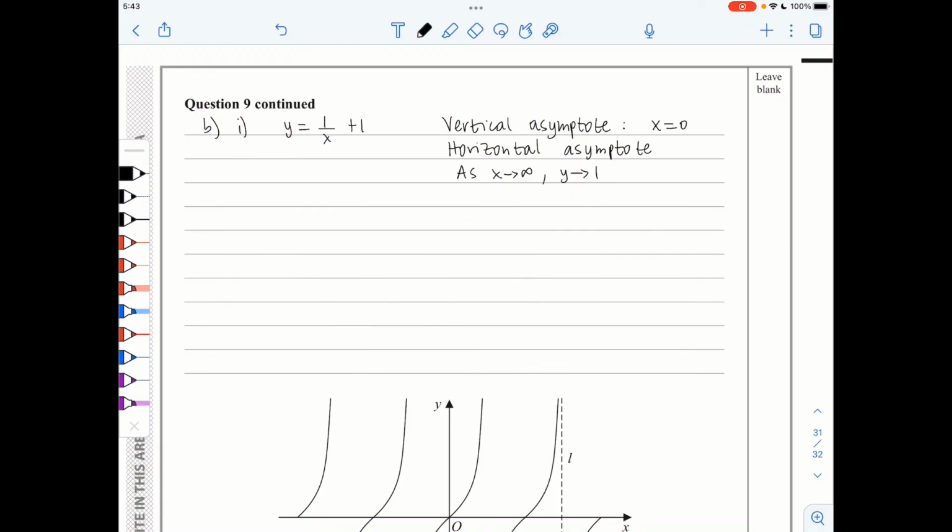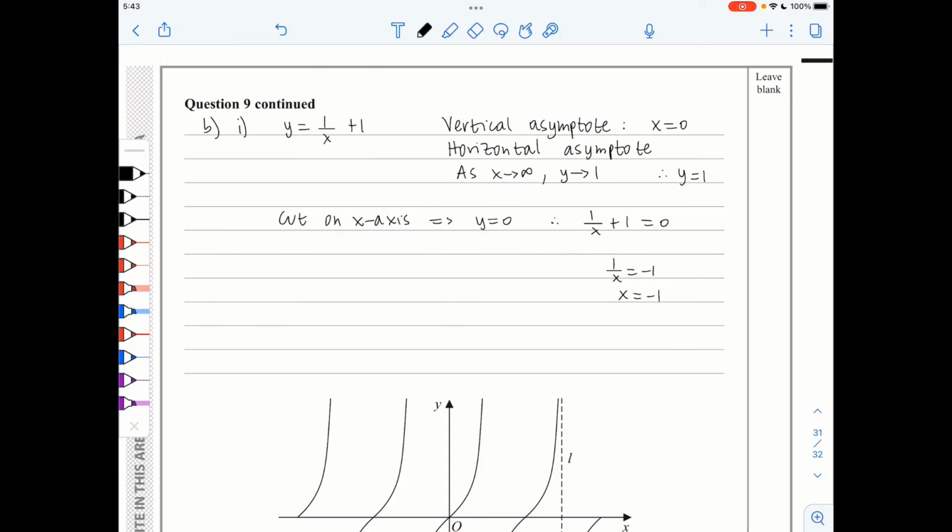Y goes to 1, and therefore the asymptote is y is 1. And I could also find the cut on the x-axis, which means that y is 0, and therefore we've got 1 over x plus 1 is 0, 1 over x is negative 1, so x is negative 1.